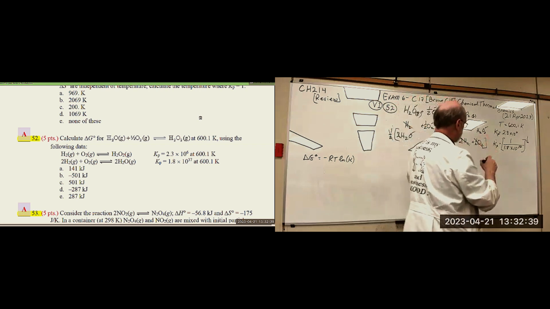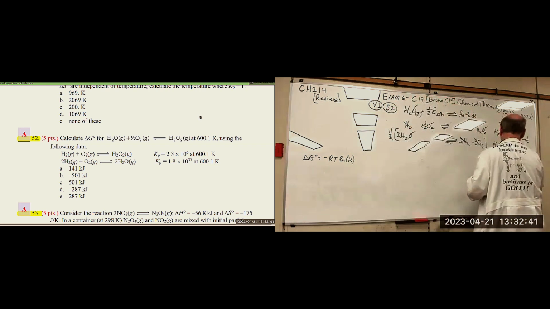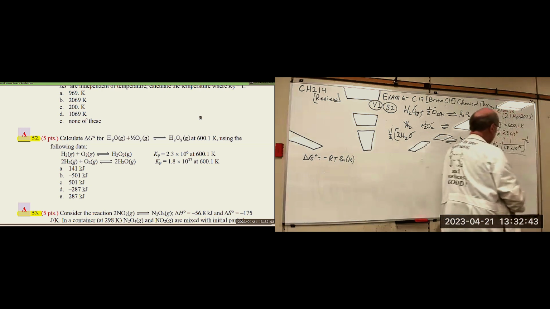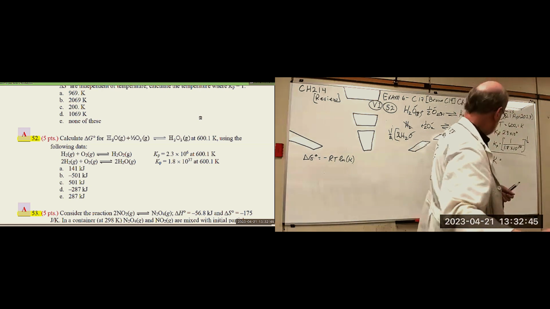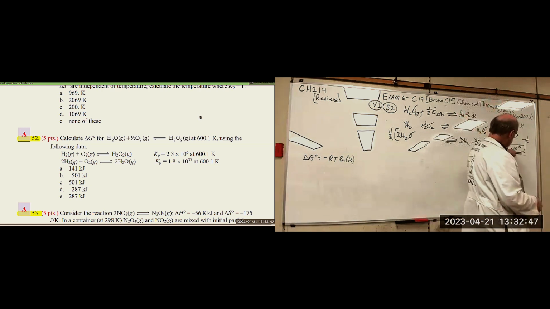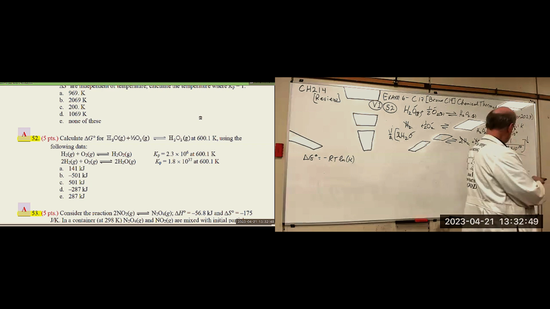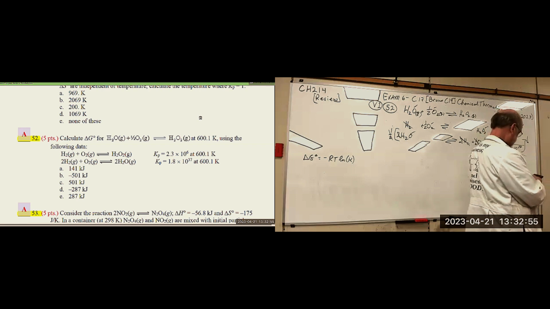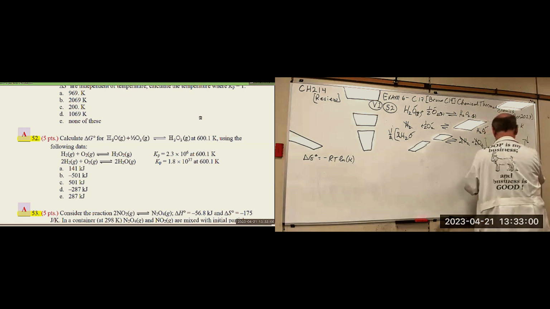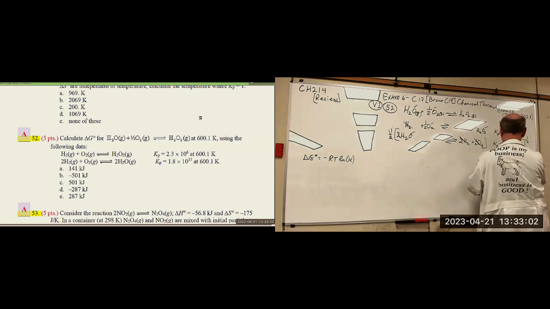Okay, so we're good. Now we can calculate the K for this new reaction. So first thing we have to do is take the inverse of this one and then the square root of it. So 1.8 exponent 37 inverted there, and then take the square root there. So this one is going to be 2.36 times 10 to the minus 19.